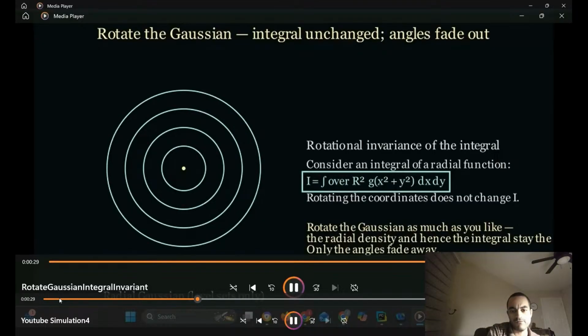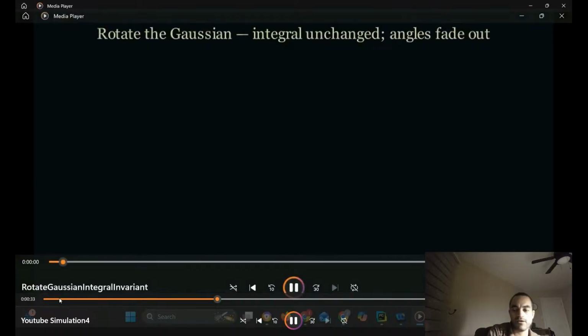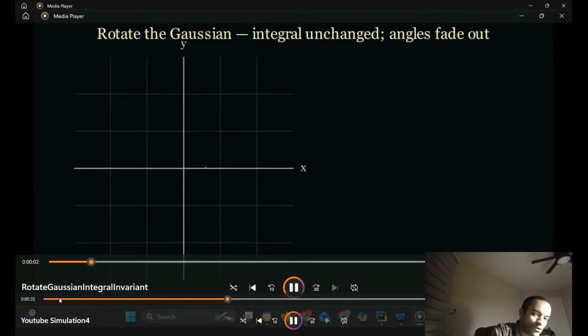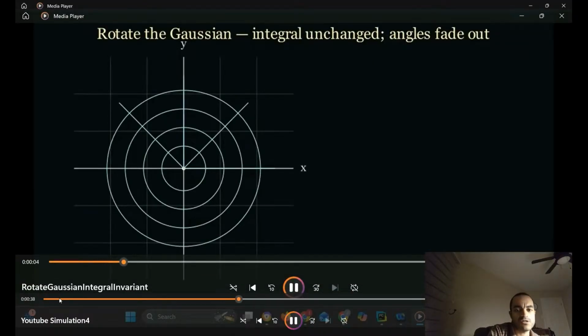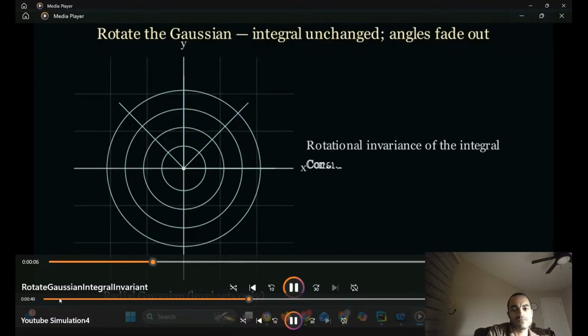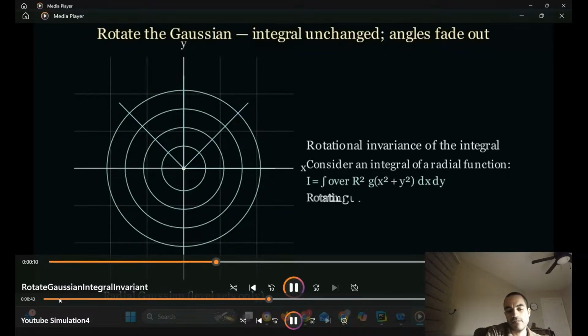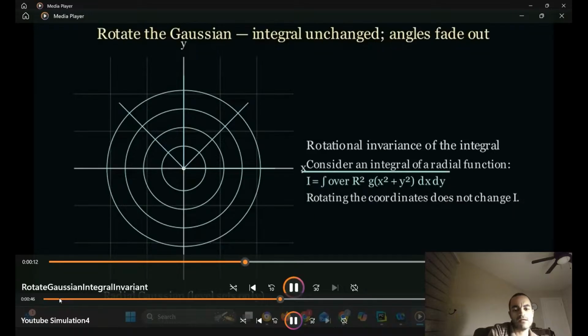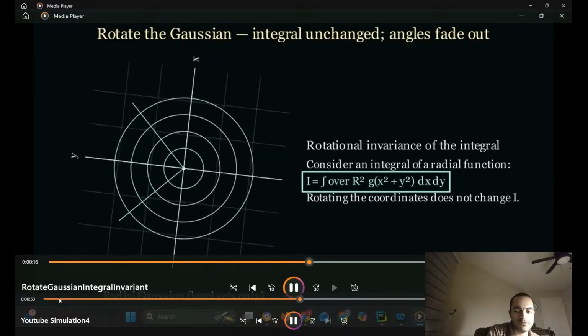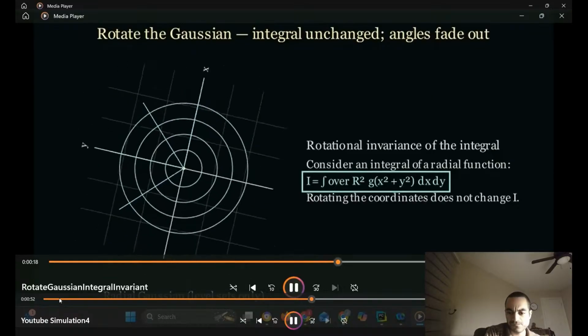There's an angle involved in rotating it, maybe 0 degrees, 360 degrees, 720, doesn't matter. Regardless of how I rotate the orientation of my coordinate system, the integral of the Gaussian remains constant, remains unchanged. That means it's invariant, so the integral remains invariant.